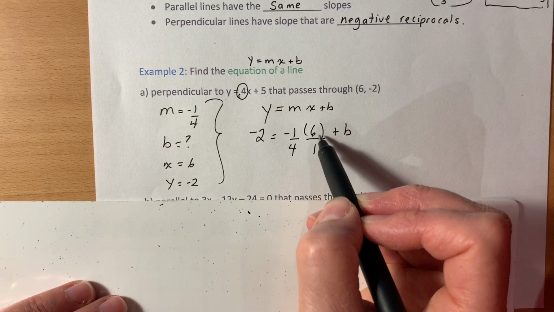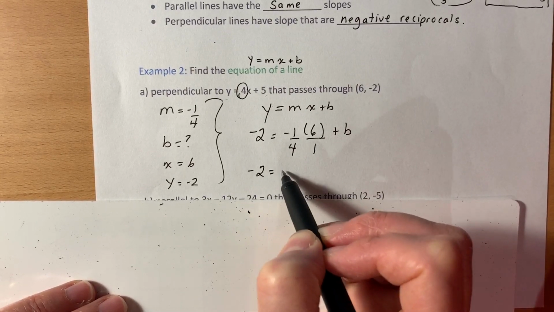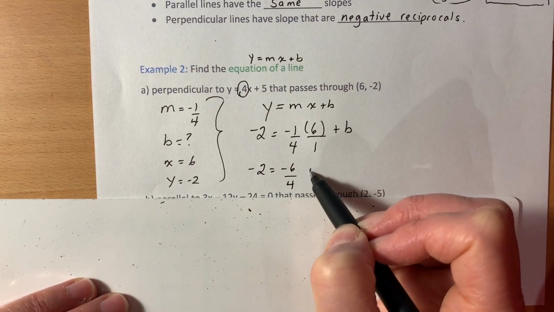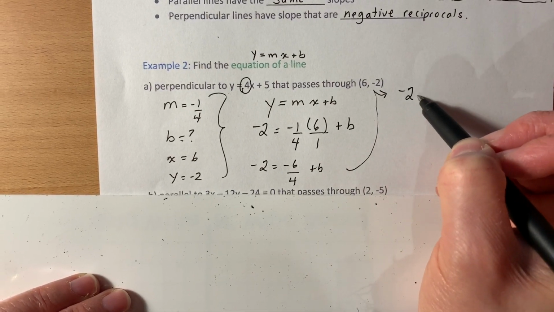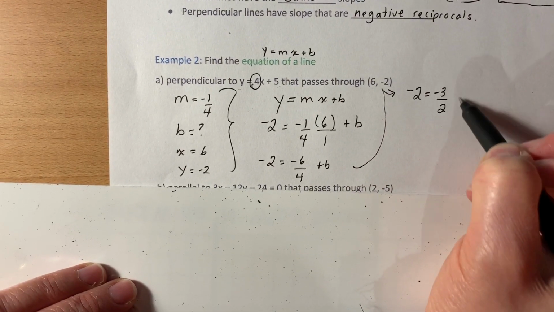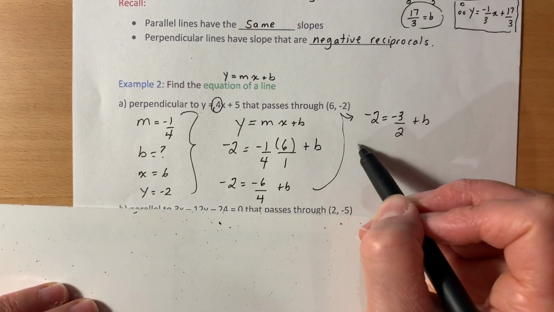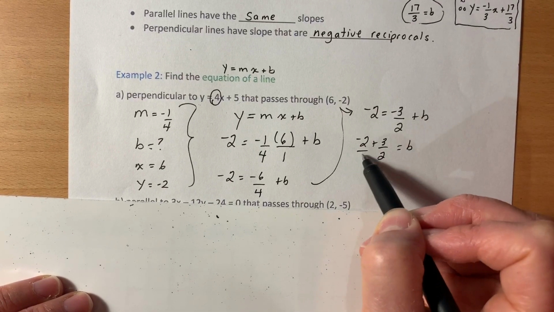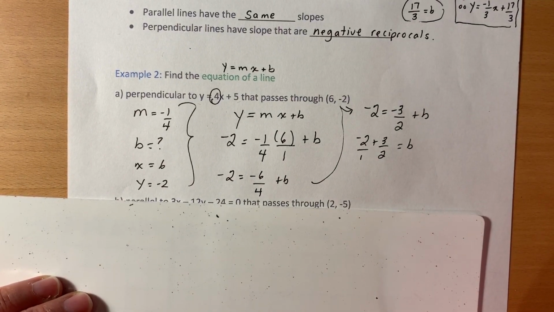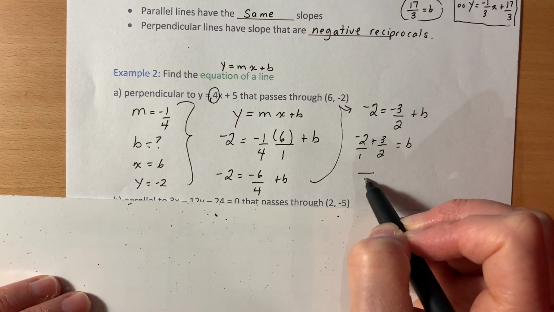Again, multiply the two numerators and the two denominators, so we get -6 over 4. Reduce that to lowest terms, it will be easier. They're both divisible by 2. Move it over, change the sign. You need to find the common denominator here, which is 2.